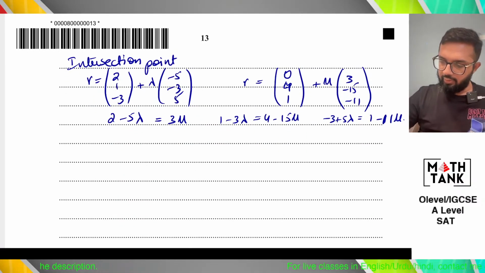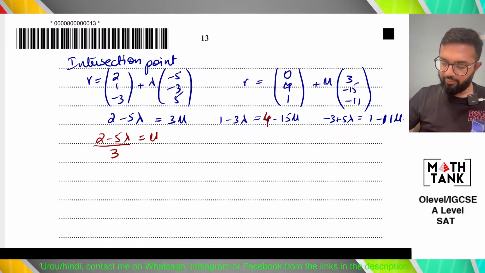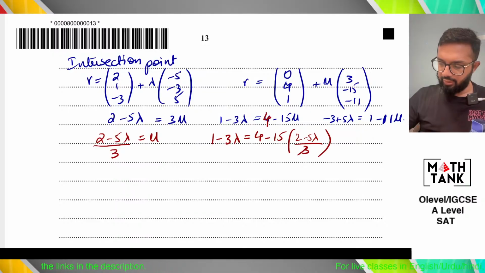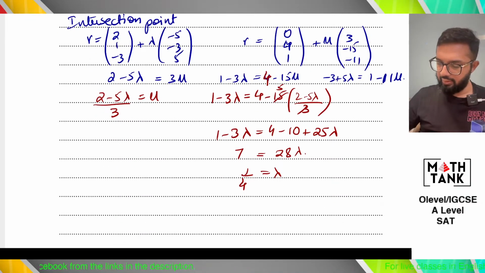Okay, that's a tough simultaneous, I think. 2 minus 5 lambda over 3 equals mu. 1 minus 3 lambda equals 4 minus 15 times 2 minus 5 lambda over 3. I'm solving simultaneously. One-fourth, that sounds like a reasonable answer.